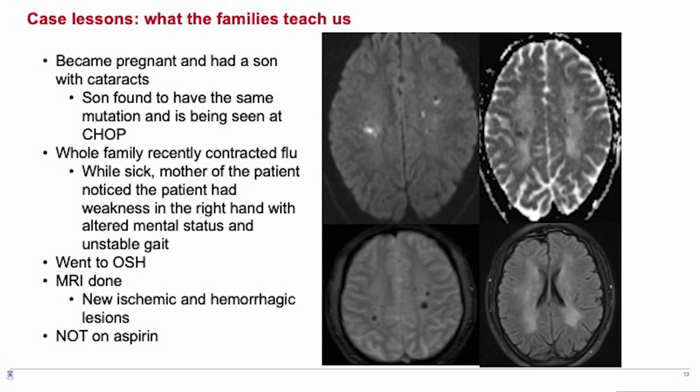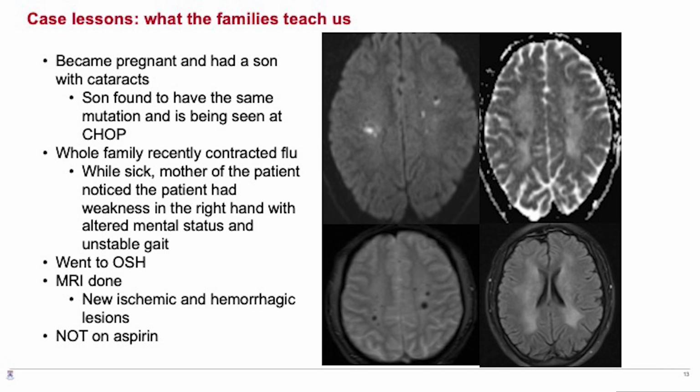The family recently contracted the flu this past winter, and I think it hit them all pretty hard. While sick, the mother of the patient noticed that the patient had weakness in the right hand. With altered mental status, she was confused, she couldn't walk straight. And so they went to another hospital. An MRI was done. You can see the difference on this MRI from the one prior.